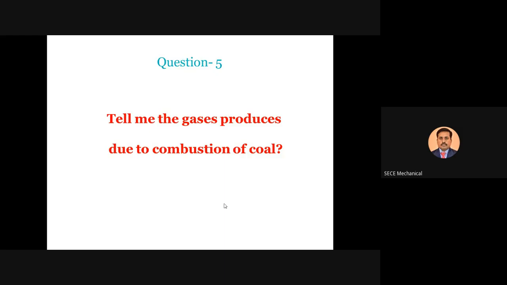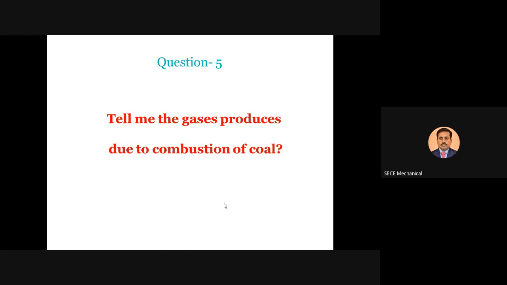Next, tell me the gases produced due to combustion of coal. I will ask another question. Anybody knows? Kindly tell me the gases produced due to combustion of coal. What are the different types of content present in your carbon, how the air is combined with your coal in the furnace area and how it is burned, that we discussed.